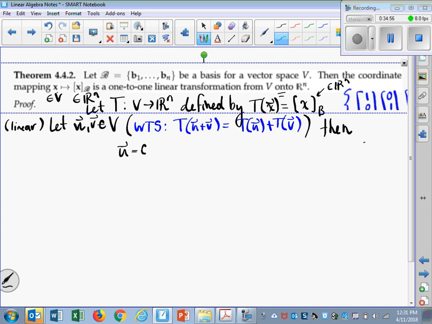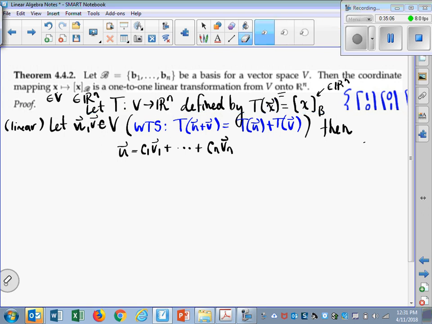I meant to use b's there instead of v's, so those should be b1, bn. Those are the weights for u. So the B coordinates of u is really just c1 through cn. That's a real vector. This is in Rn.